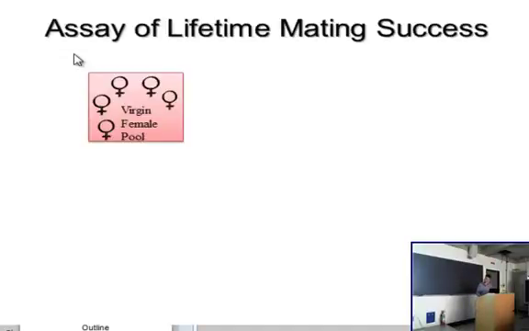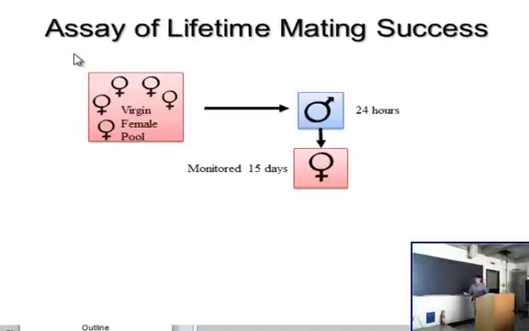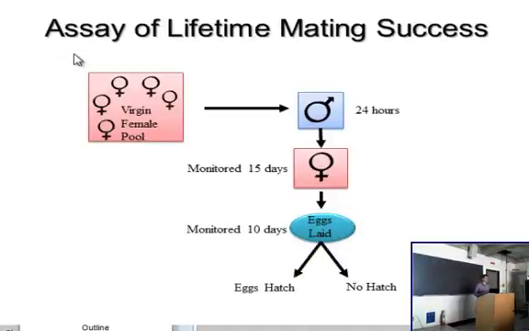I would give each male in the reproductive treatments one of these females, and he would have access to her for 24 hours. Following the 24-hour period, that female was removed and placed in a separate holding cage with an oviposition site, and she was monitored for 15 days. All the eggs that she laid in that period were collected, and those were then monitored for a further 10 days.